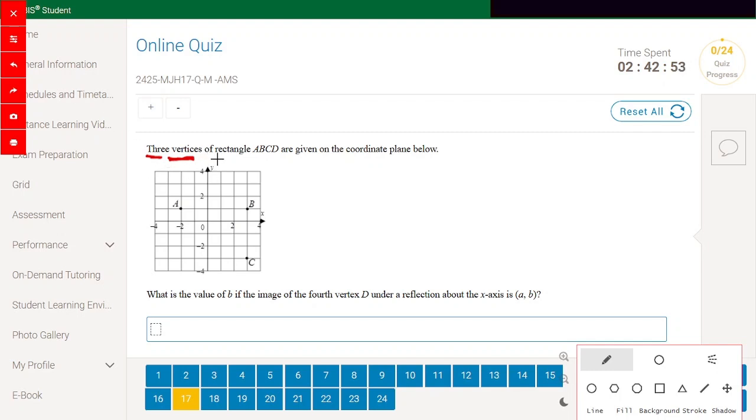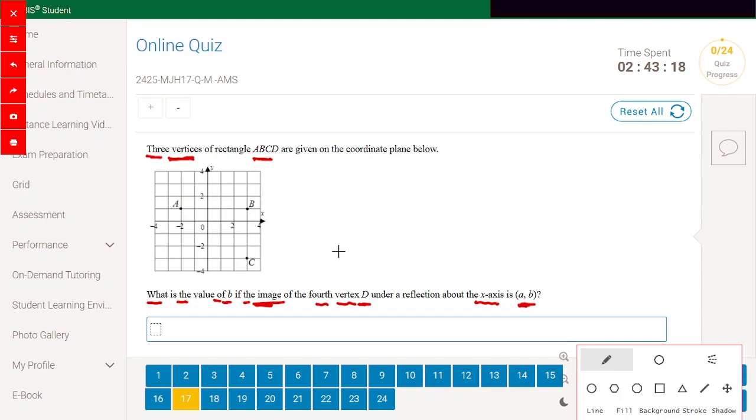Three vertices of the rectangle ABCD are given on the coordinate plane below. Okay, I have A, B, C, but I don't have D. What is the value of b if the image of the fourth vertex D under a reflection about the x-axis is (a, b)?